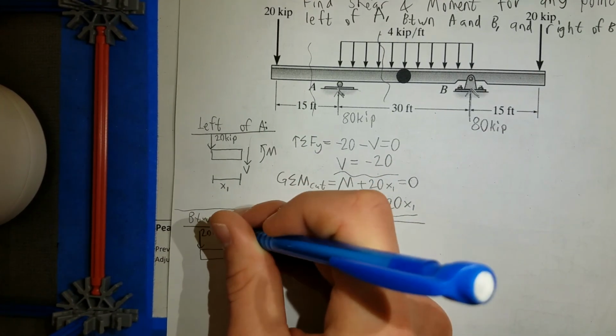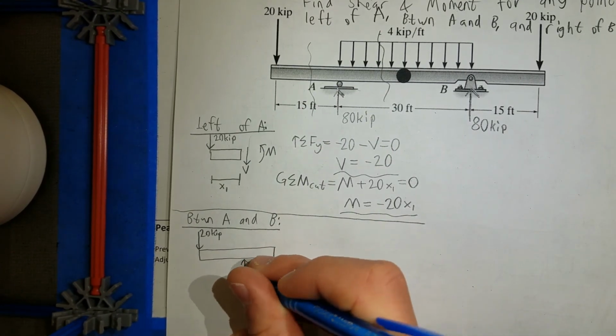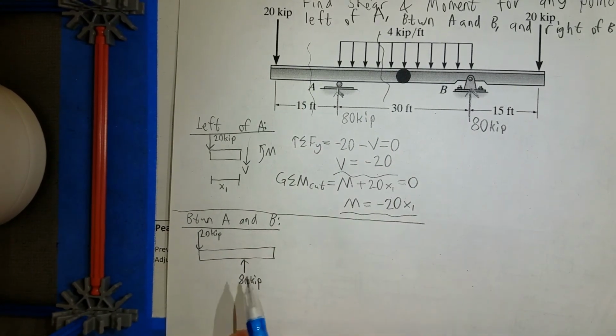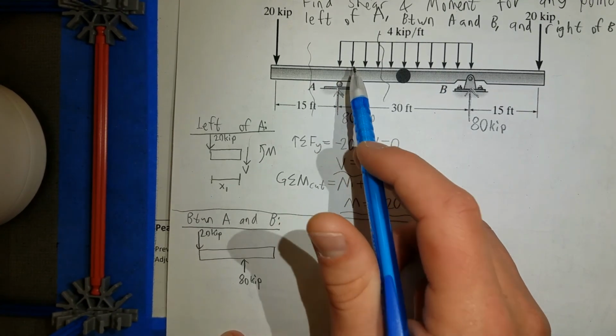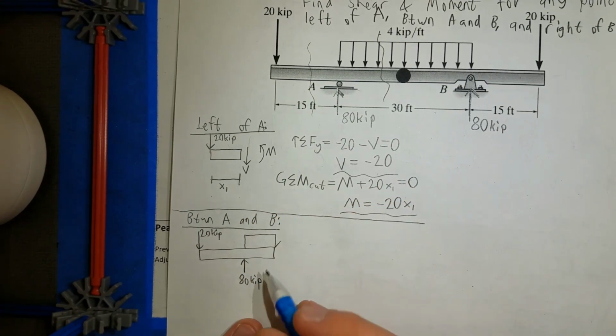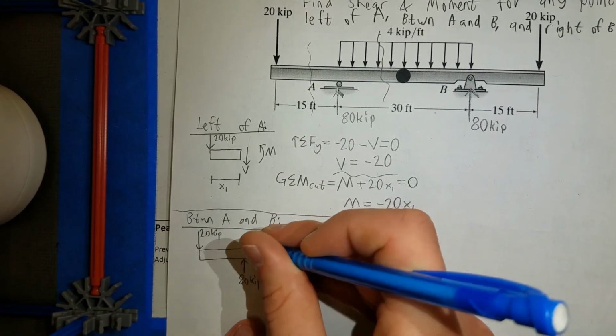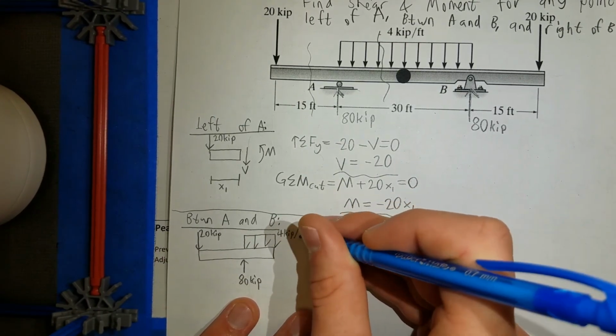Then at A, we're going to have our 80 kips acting upward, and also at A is where our distributed load starts. So we'll draw that in up until the edge right here, and we find that to be 4 kips per foot.